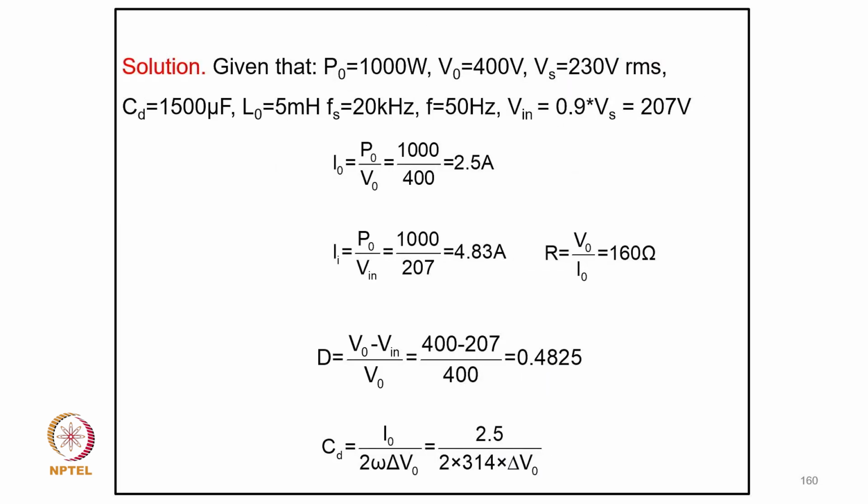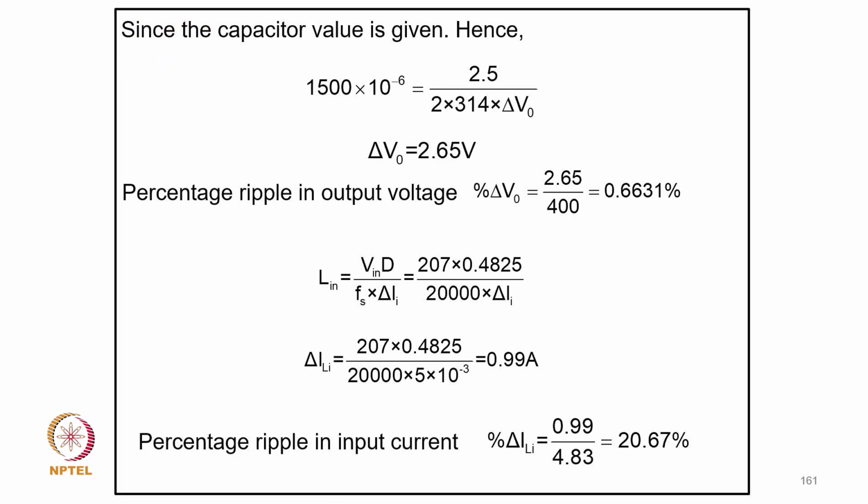So coming to the solution, all the expressions are given. IO equal to P upon VO, that's 1000 divided by 400, 2.5, I in equal to P upon V, so it comes to 4.83, and equivalent load resistance RO equal to V upon I0, that's 160 ohm, duty cycle D equal to VO minus V upon VO, that's 0.4825, and CD is I0 upon 2 omega delta V, so putting in the value, delta V for the given capacitance of 1500 microfarad comes to 2.65 volt, and percentage ripple is 2.65 divided by 400, 0.6631.